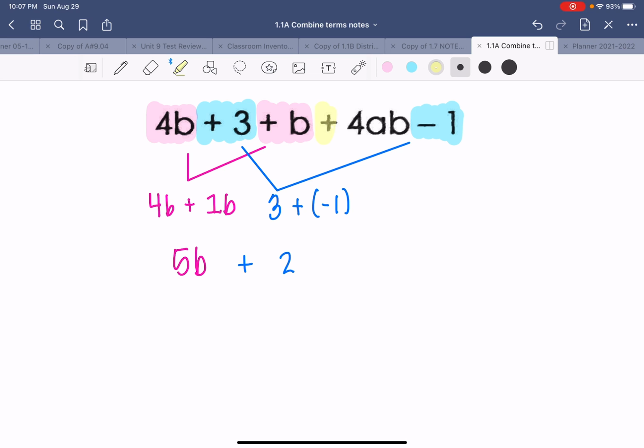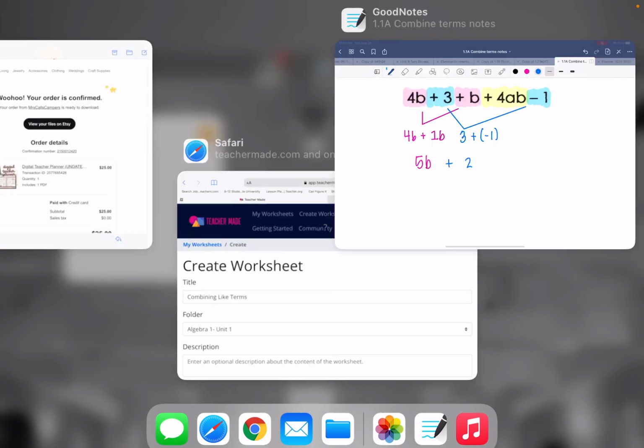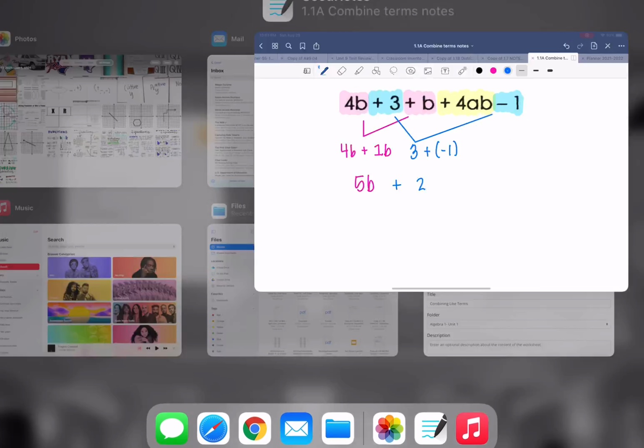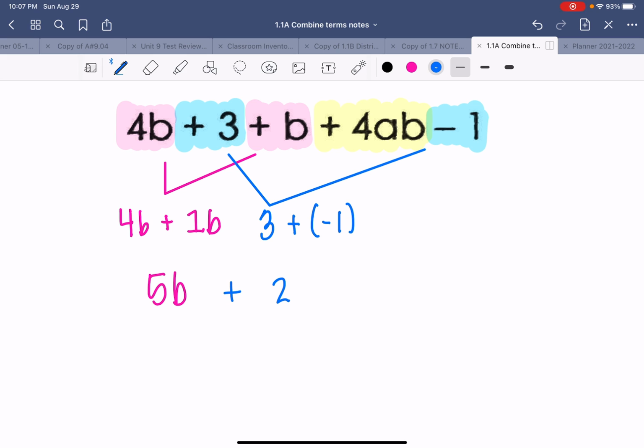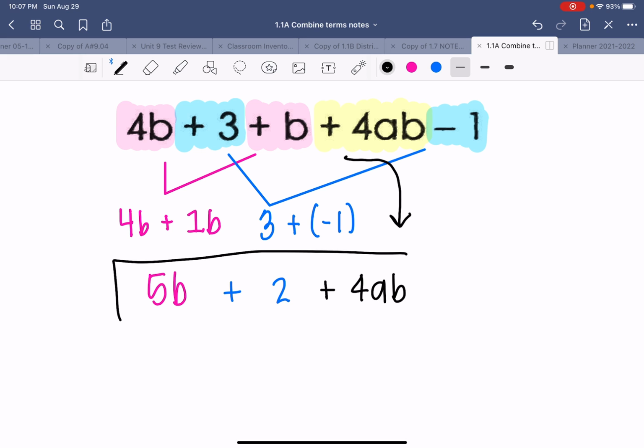Our last term that we have is a positive 4ab. And since there's no other term that is like that, we're just going to swing it down. So it's positive 4ab. All right, and this is our answer.